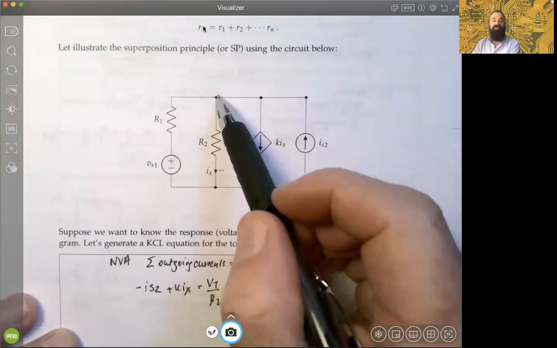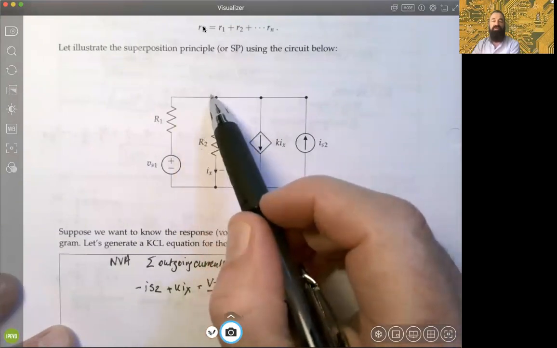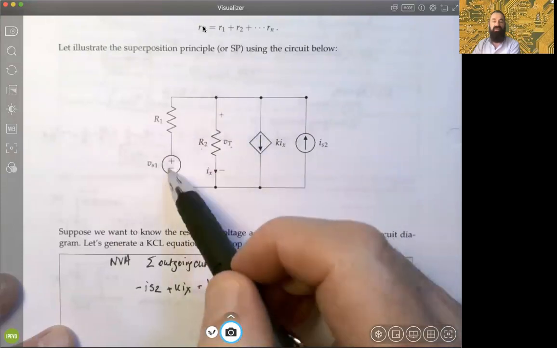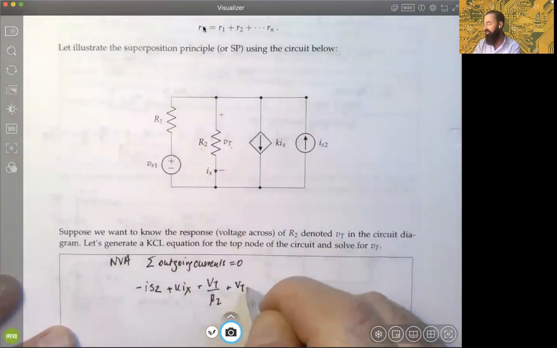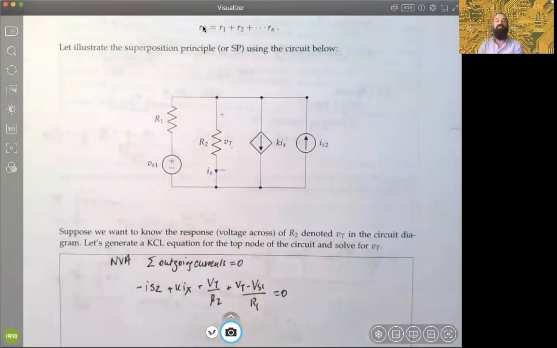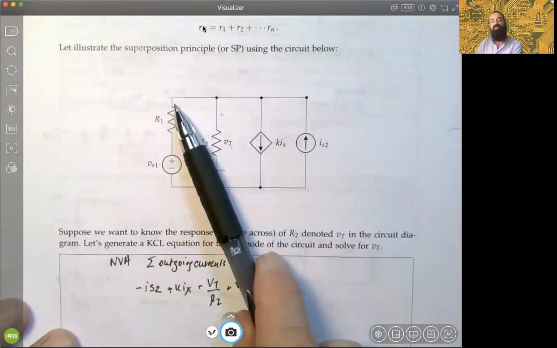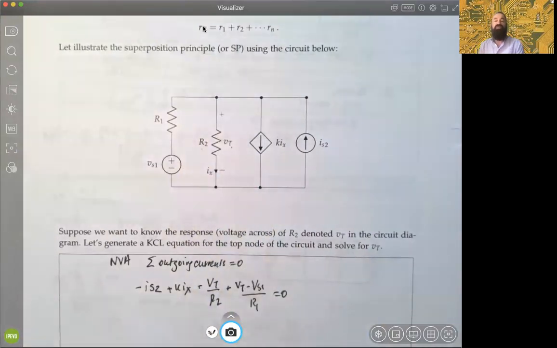And for this one, the voltage at this node is the same as VT, and it goes from VT to VS1 through that resistance. And so there we would have VT minus VS1 divided by R1, and we would set it equal to 0, okay? So again, at this top node we're going to assume it's VT, okay? All right.